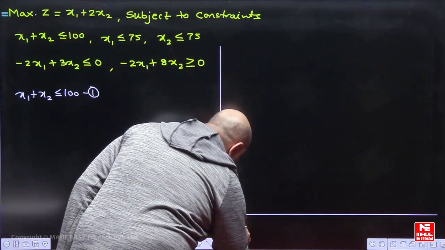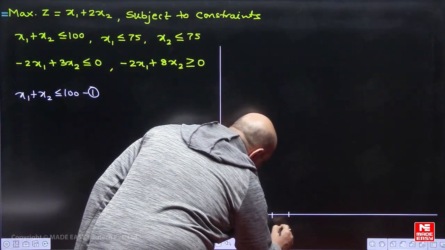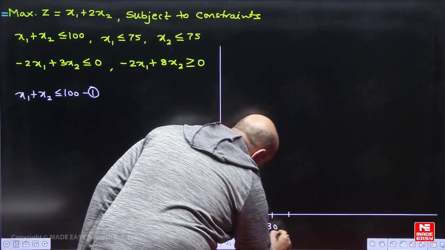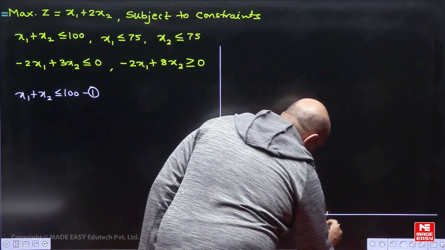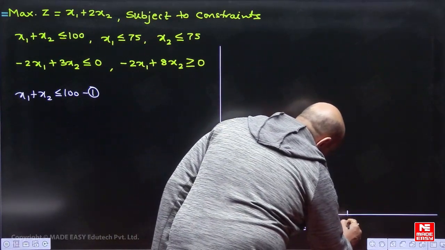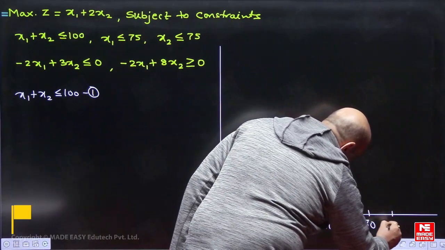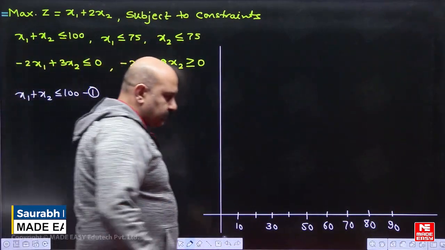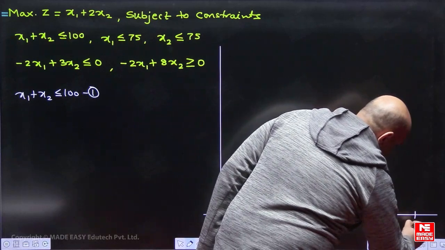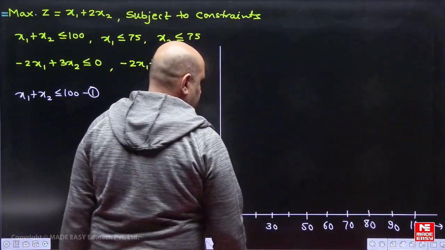See here 10, 20, 30, 40, 50, 60, 70, 80, 90 and 100. Let this say x is for x1.